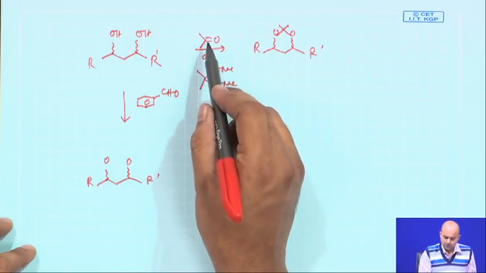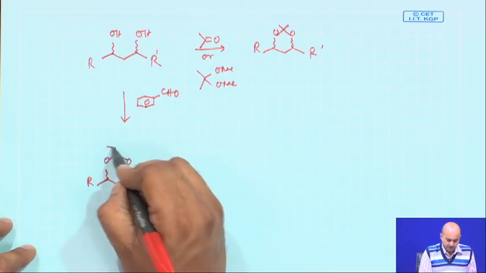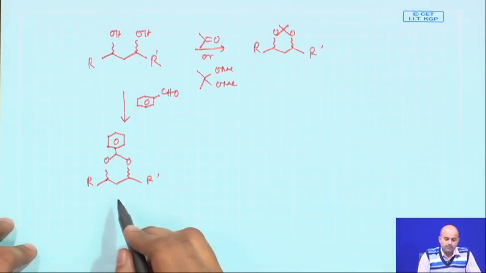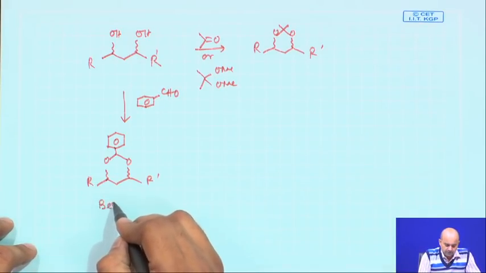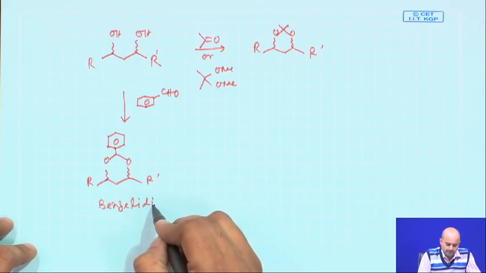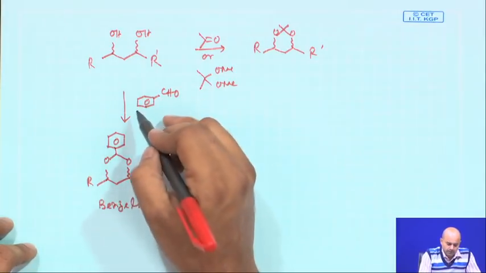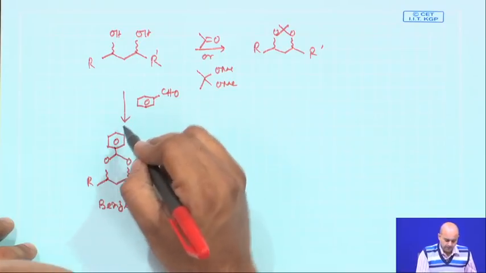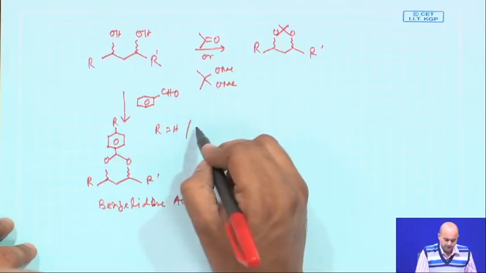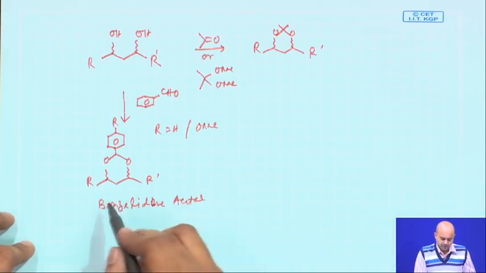Instead of acetone, you are now using benzaldehyde as the main reagent, and that is called benzylidene acetal. Even you can take another aldehyde where R could be anything. If R is H, you get the benzylidene acetal. If R is OMe, you get the paramethoxy benzylidene acetal.